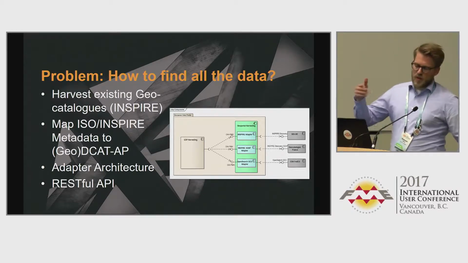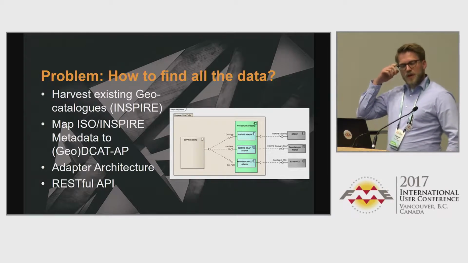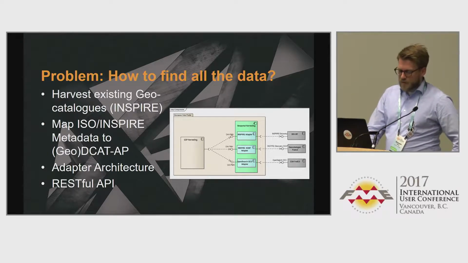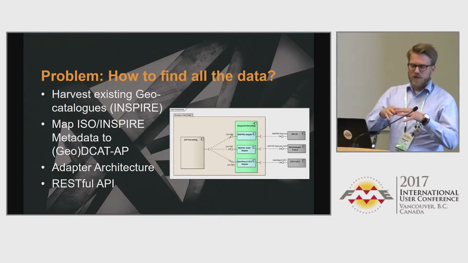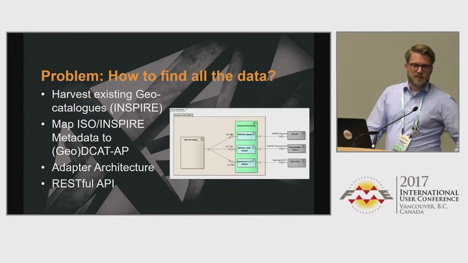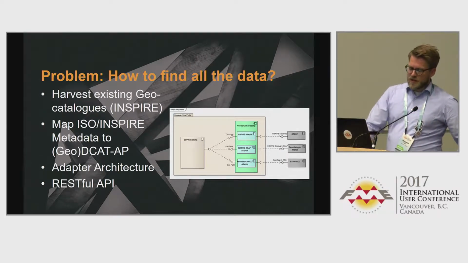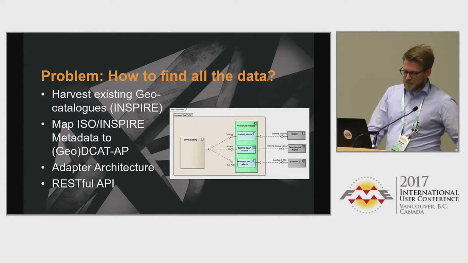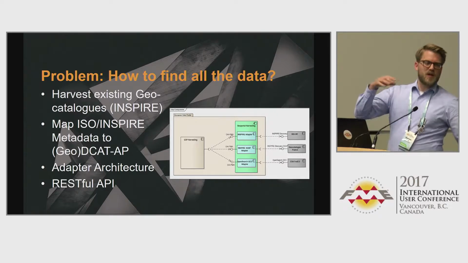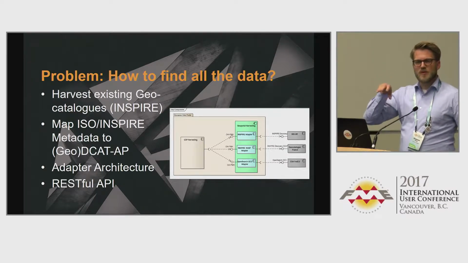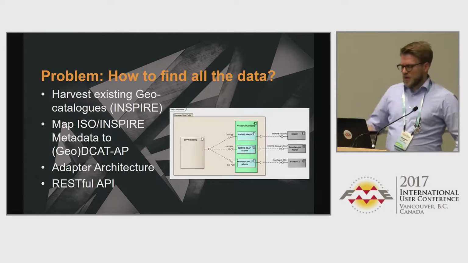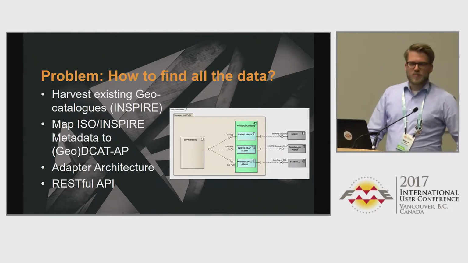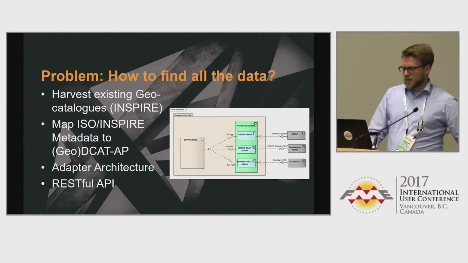And so we thought we can use those Inspire data to integrate into the European Data Portal. We have to map it to a common metadata specification, the mentioned DCAT-AP specification. And we had to build an adapter architecture with a RESTful API to be able to provide those metadata to a search index engine and to make it findable for all the users of the European Data Portal.